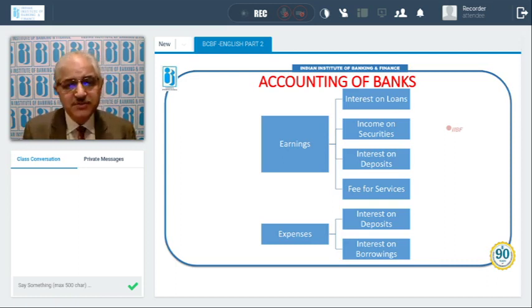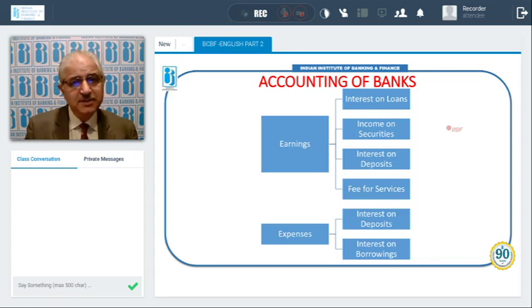Then whatever deposits we have placed with other banks, or with companies, you receive interest on that. Then banks also receive fees for services rendered by them. Like if you grant a home loan, you charge a home loan processing fee. So that's your fee for services. You issue a draft, you receive commission. So all these are types of earnings of banks.